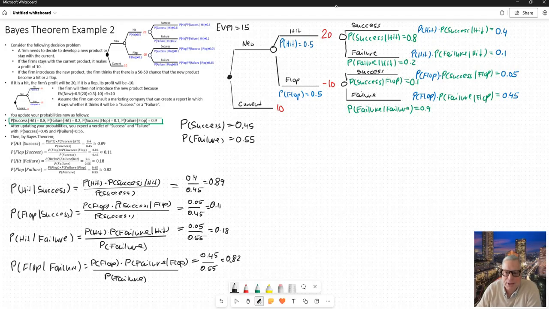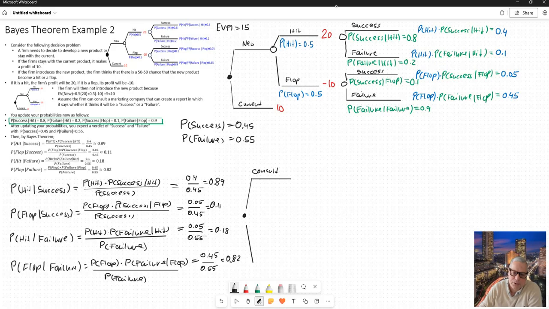Okay, so now we can take this information and use it to analyze how much we are actually willing to pay for that marketing company. So we can think of a decision tree. We have to decide, shall we consult, yes or no? It is similar to what we did with the expected value of perfect information.